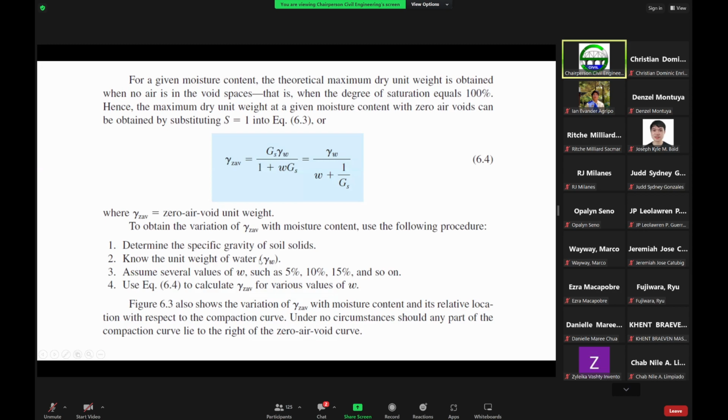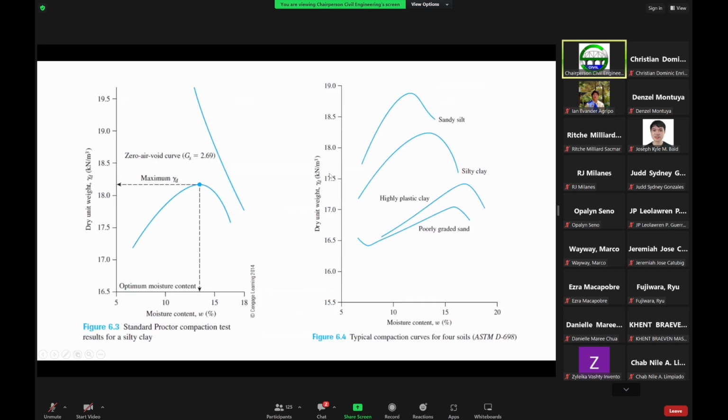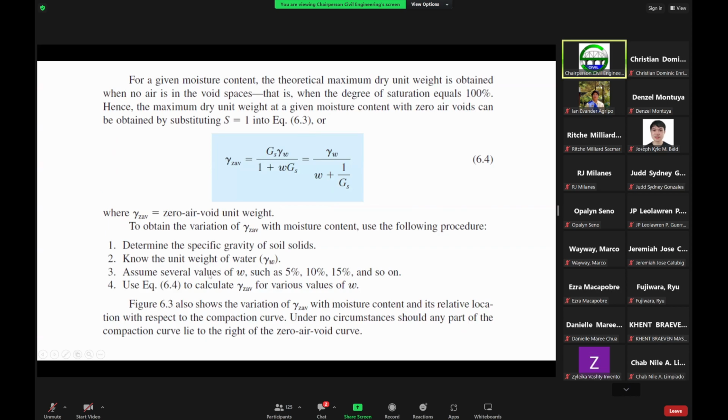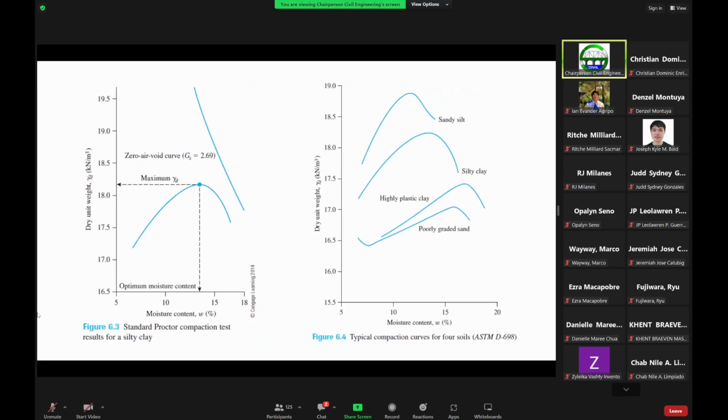To obtain the variation of the zero air void unit weight with respect to moisture content, we first determine the specific gravity of the soil solids, such as this one here. Then we need the unit weight of water, which is given. Then we assume several values of the water content, say 5, 10, 15%, and so on.